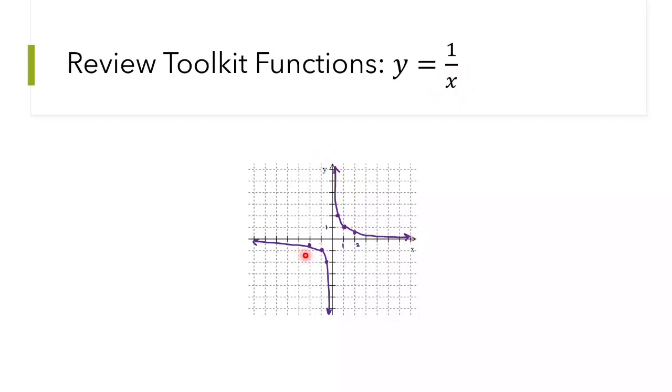The graph has a similar shape on the left side. It goes through the point negative 1, 1. As you plug in values with larger and larger magnitudes that are negative, it approaches the x-axis or y equals 0. And then as your x values are approaching 0, the graph is actually going down towards that y-axis.